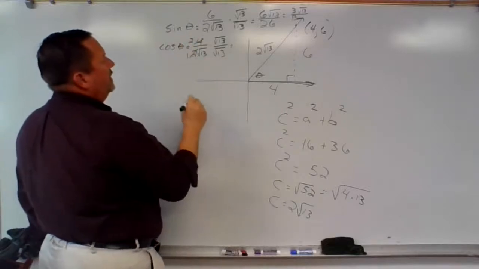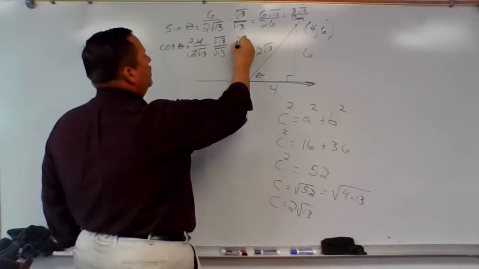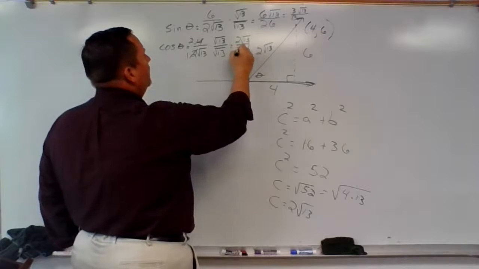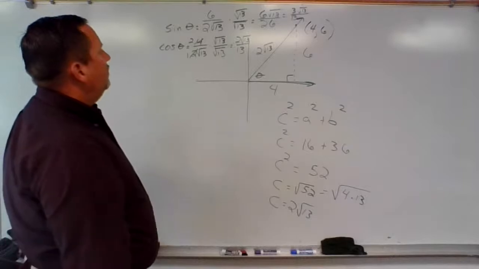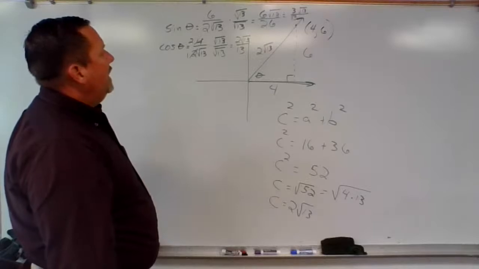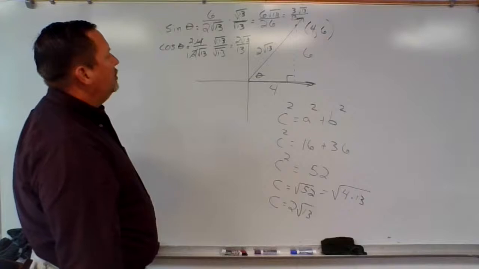You guys good with that? Draw it out on paper. I'm sure you'll come up with that. 2 root 13 over 13. So I have 3 root 13 over 13 for the sine. I have 2 root 13 over 13 for the cosine.